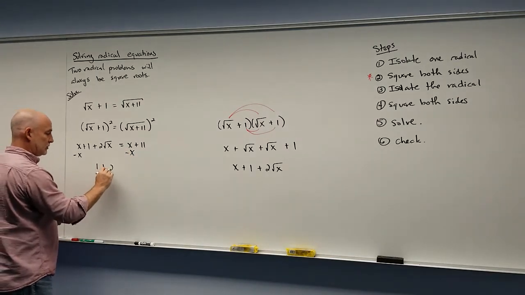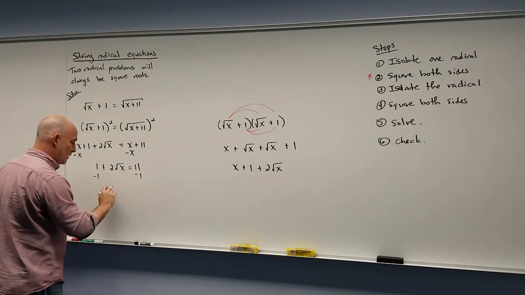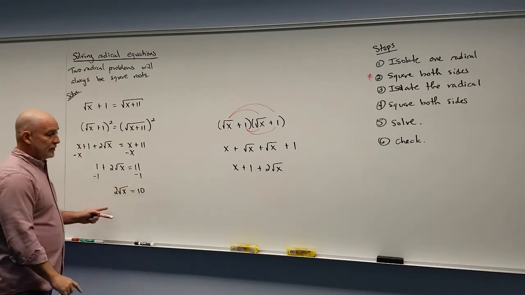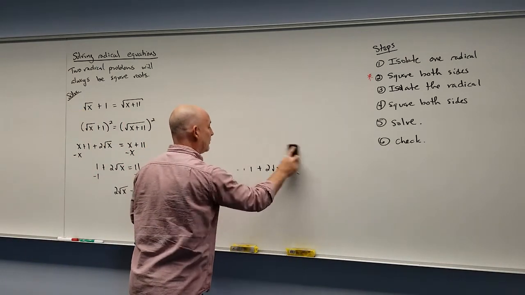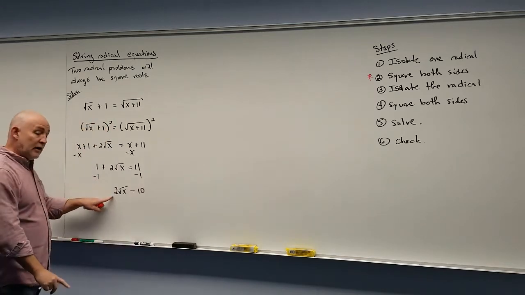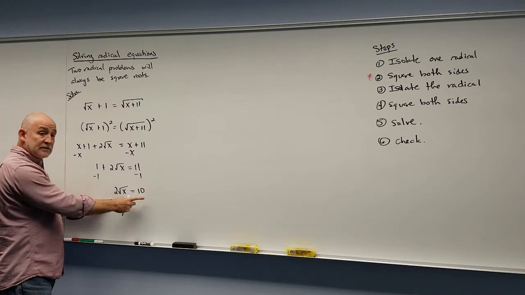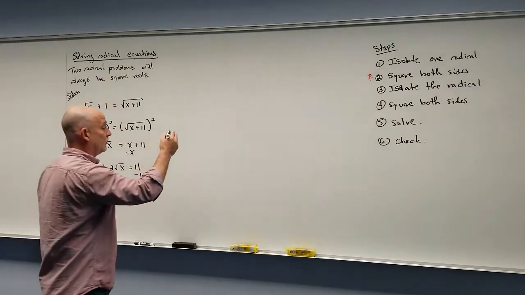That's 1 plus 2 square roots of x is equal to 11. Subtract 1. So 2 square roots of x is equal to 10. Now at this stage, we have one more step to isolate that radical. One more step would be to divide both sides by 2. Now at this stage, if everything on the other side is not divisible by 2, don't divide by it, or you can end up with fractions, and y'all don't like fractions.